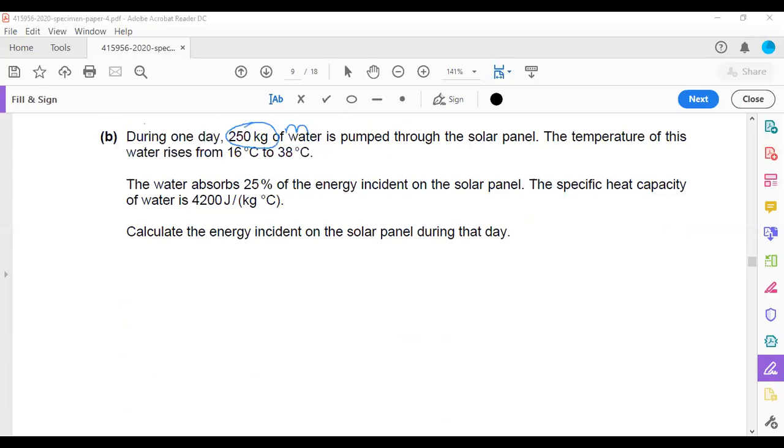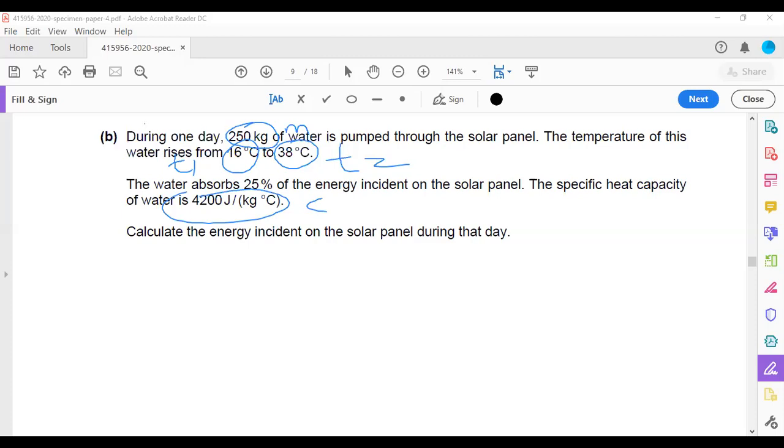Then they give us T1 and T2. They also talk about the specific heat capacity, which is C. And they said the water absorbs 25% of the energy incident on the solar panel.